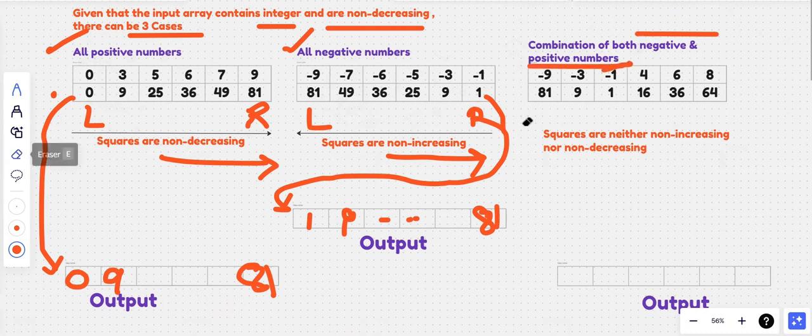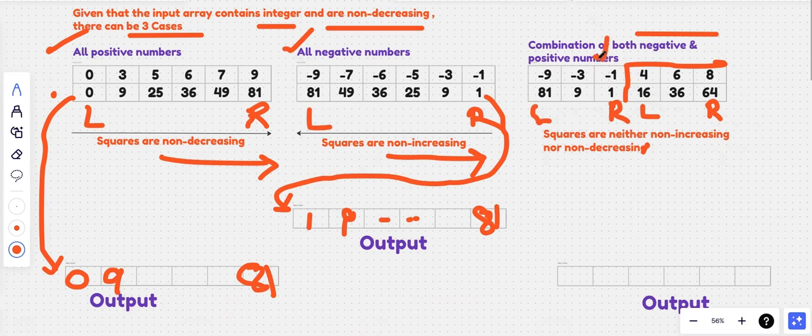So for that, we will find the point from where the positive numbers start. So once we get this point, we know that for positive numbers, we have to push the elements from left to right. And for negative numbers, we have to push the elements from right to left.